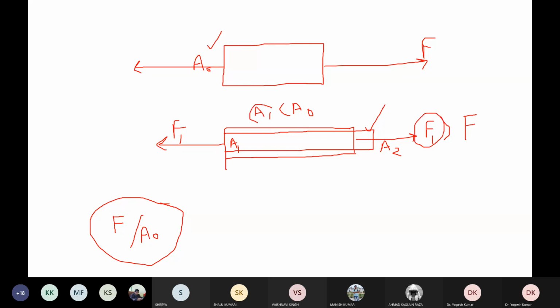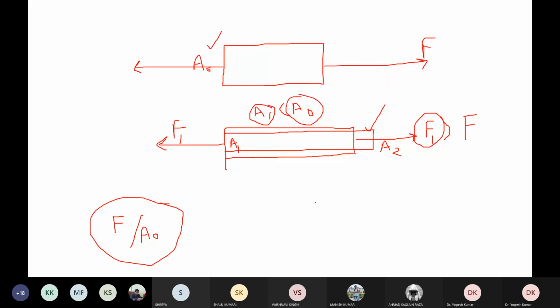The actual cross-sectional area which is resisting the tensile force is A1. It is not A0. So for calculating the stress for engineering applications, we calculate your true stress.